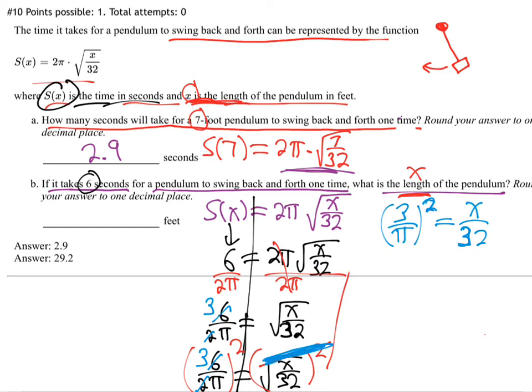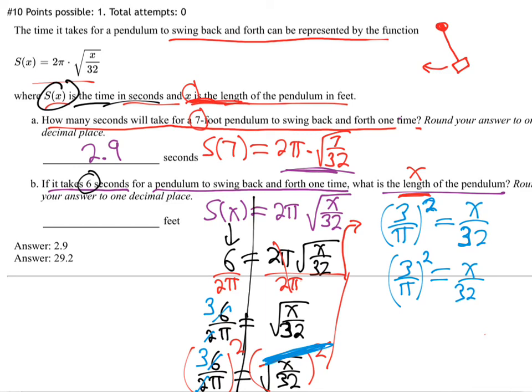Last step, how do we finish getting the x alone? We bring it down here. So x over 32, 3 over pi squared. How do you finish getting x alone?